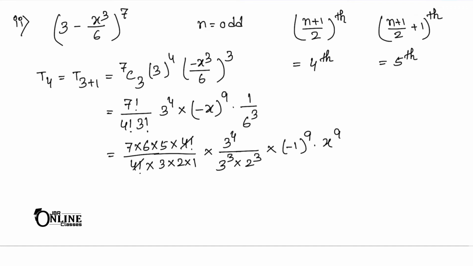So 4 factorial cancels out, 3 to 6 cancels out, and 3 to the power cube, so it will become 3. So now you have 7 into 5 into 3, that means 15 into 7, so 105, then 8, and minus 1 to the power 9 means negative, and then x to the power 9. So this one is your first answer.